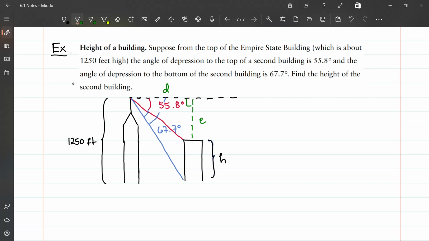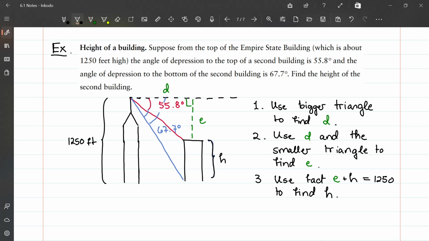So, let's go ahead and make this thought process a little bit cleaner and easier to follow with a plan of attack. I'm just going to write it out quickly. Okay, here is the three-step plan. First, we're going to use the bigger triangle to figure out what D is. If we can figure out what D is, we can use D and the smaller triangle to figure out what E is.